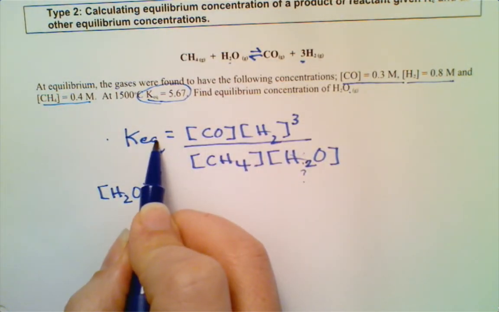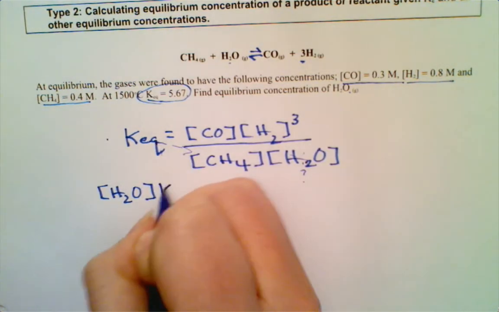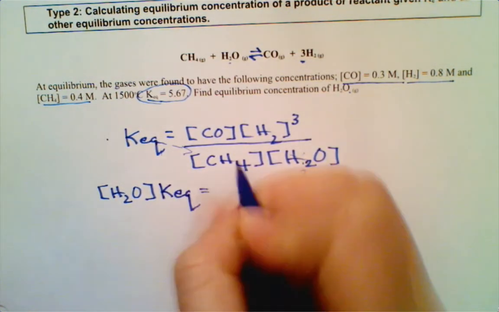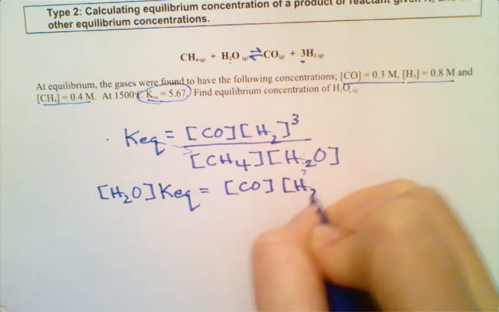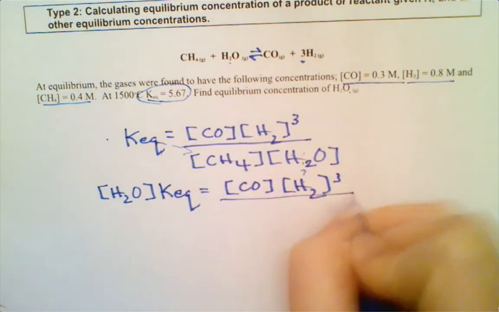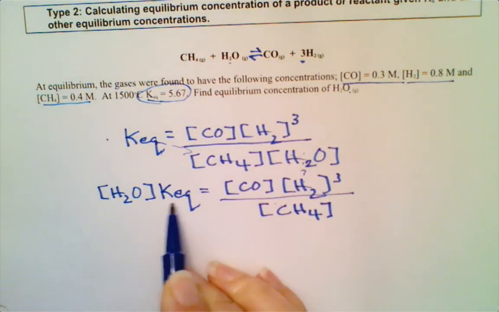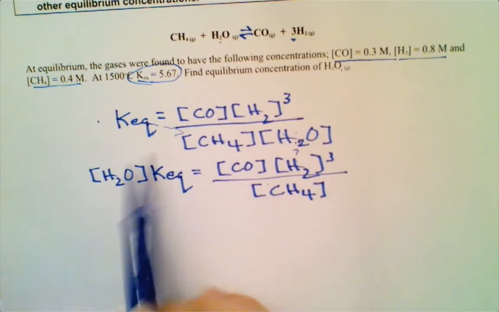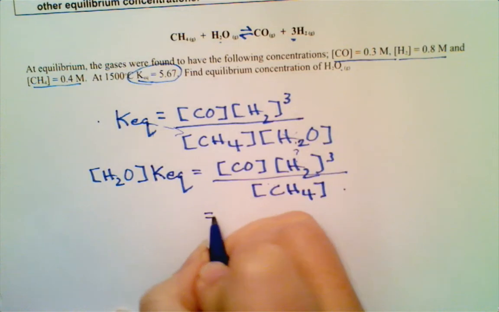But what I can do then is move KEQ to the other side. Originally, this is what I had, I would just rewrite it, just to show you. I want to get KEQ to the other side because it's being multiplied here. When you bring it to this side, it would be divided, okay?